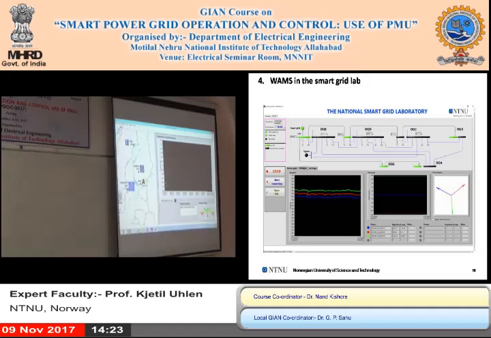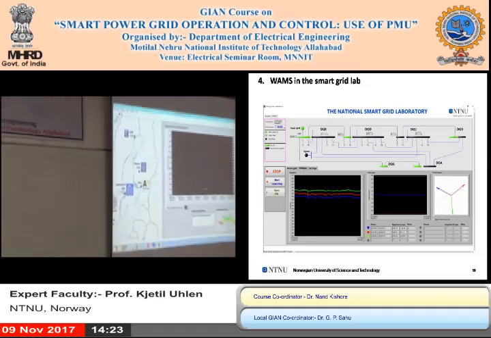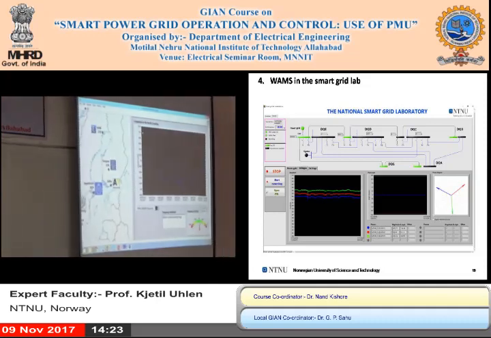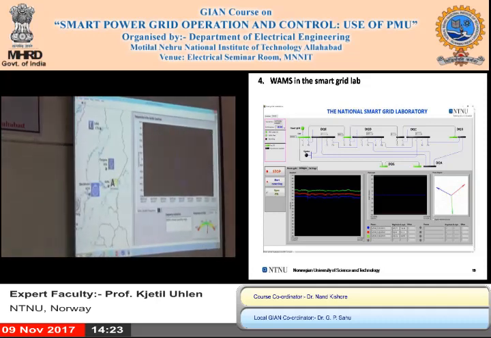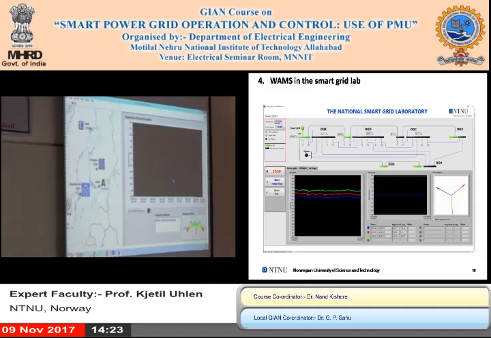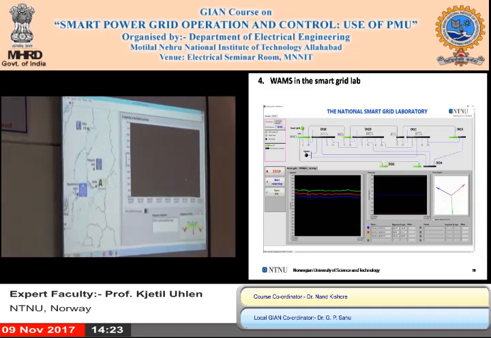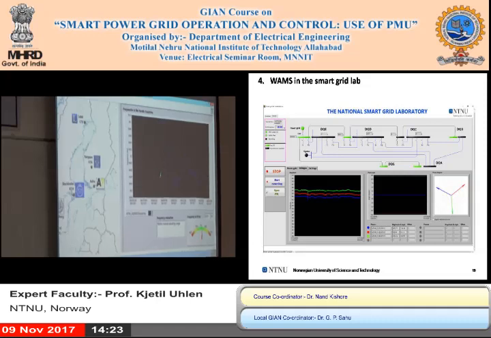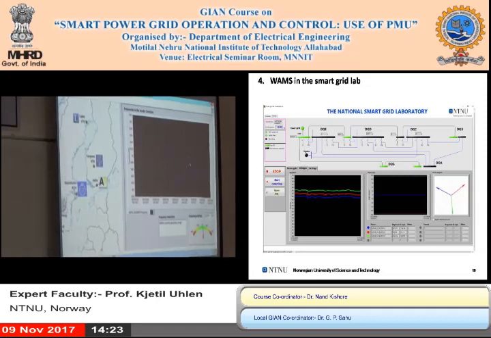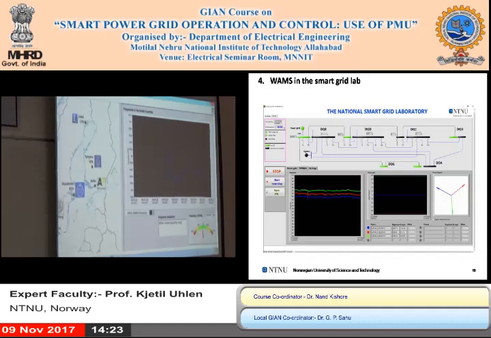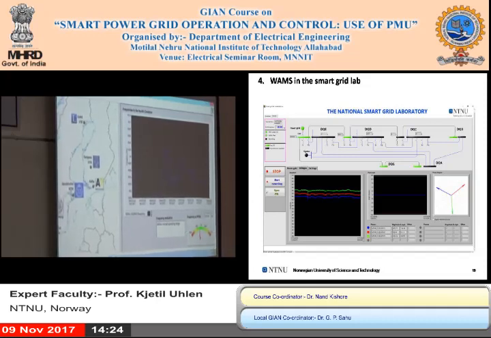And the range here is so that 49.9 hertz is here, 50.1 hertz is here. So we see that the frequency has some slow variations within plus minus 0.05 hertz typically. And you see the frequency meter here.